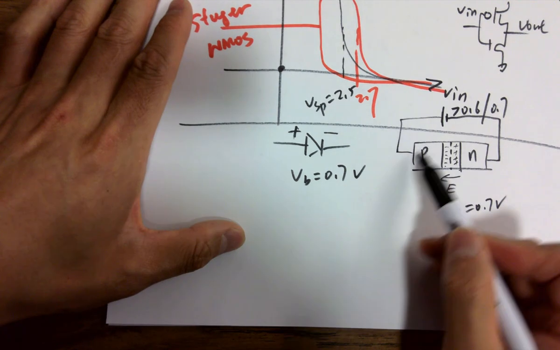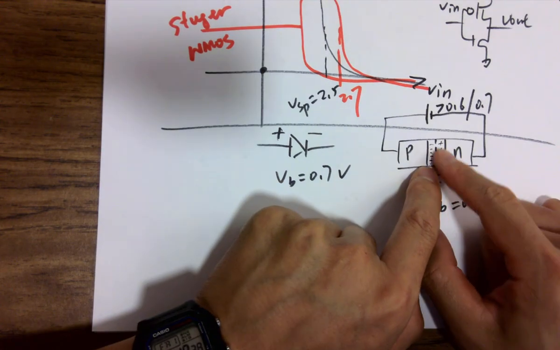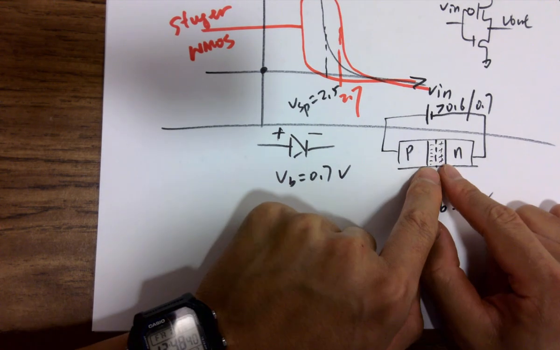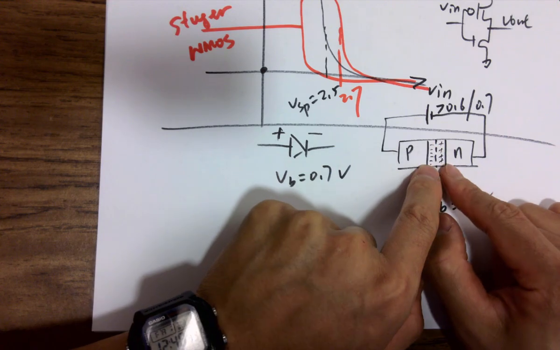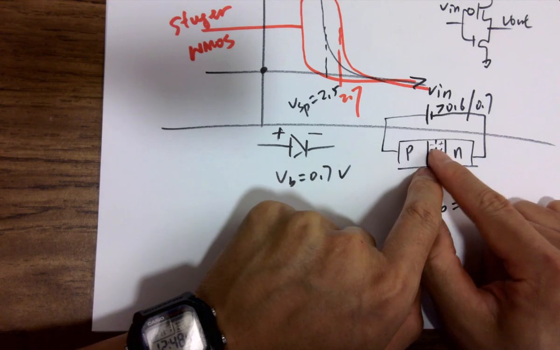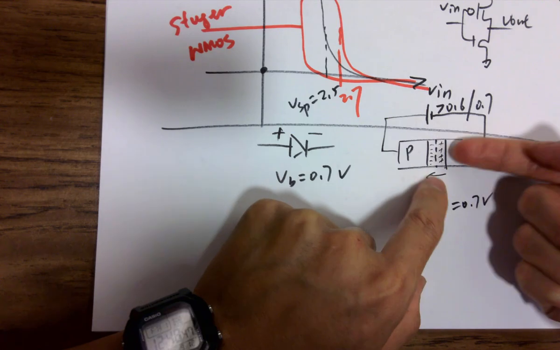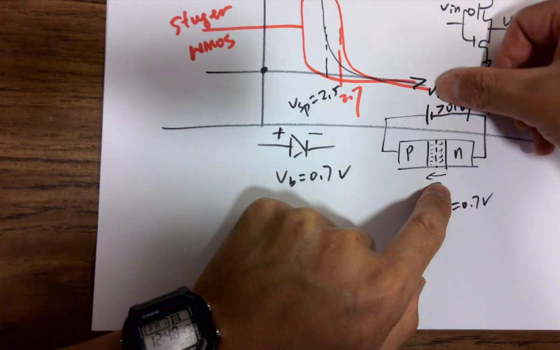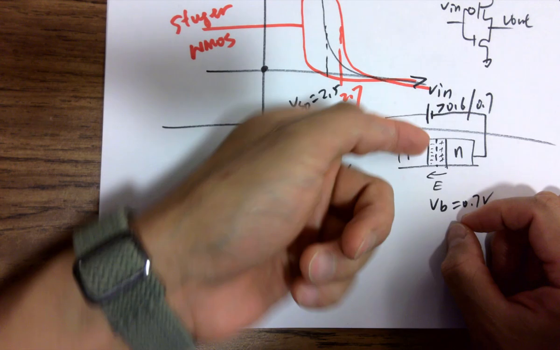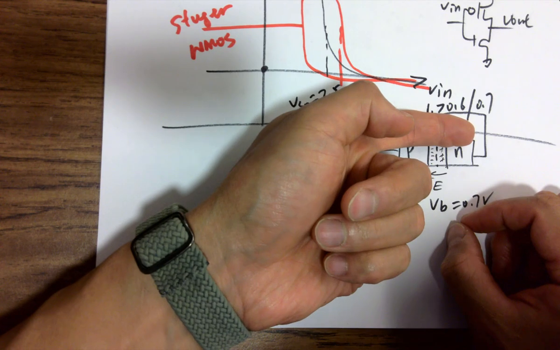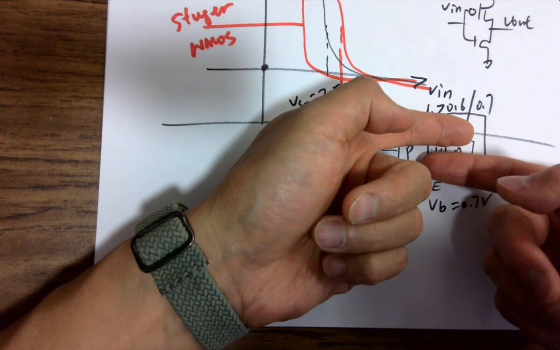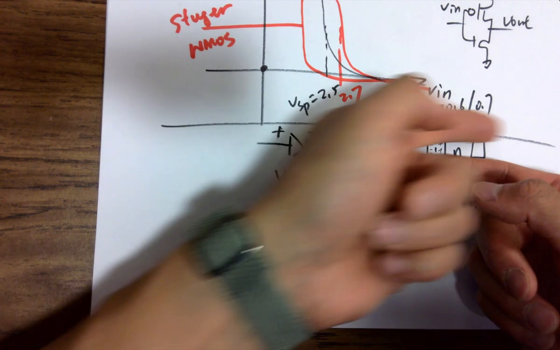You need to be higher than that to overcome whatever is here, right? Because it's providing an electric field in that way, and when you forward bias it, you are providing an electric field in the opposite way, and it has to overcome this one first in order to conduct current in this direction.